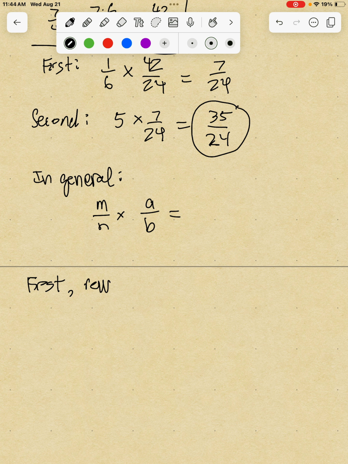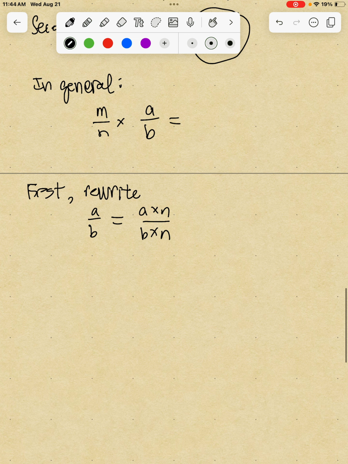First rewrite a over b as a times n over b times n. That way the numerator is a multiple of n. Then we do 1 over n times that. So 1 over n times a over b is 1 over n times a times n over b times n. So this is a times n number.